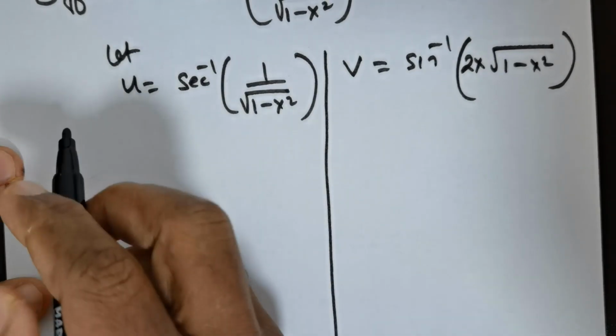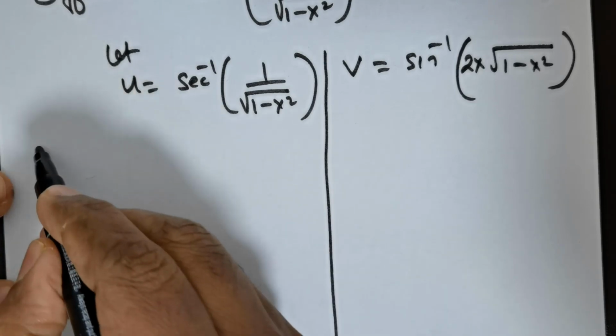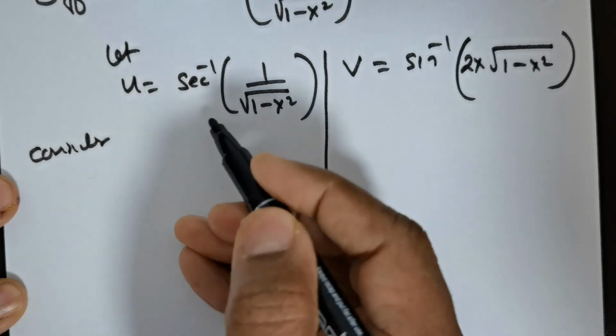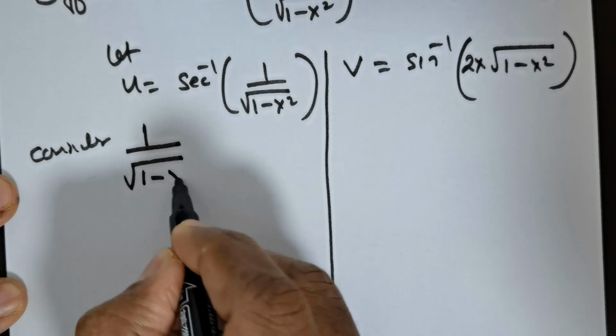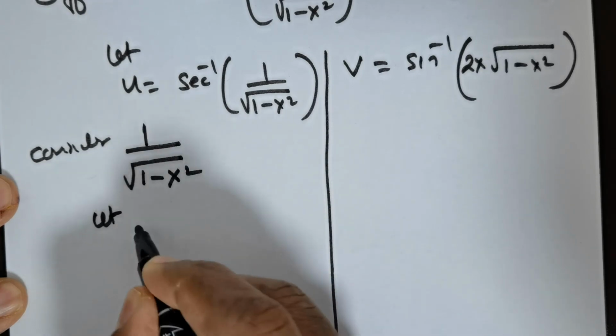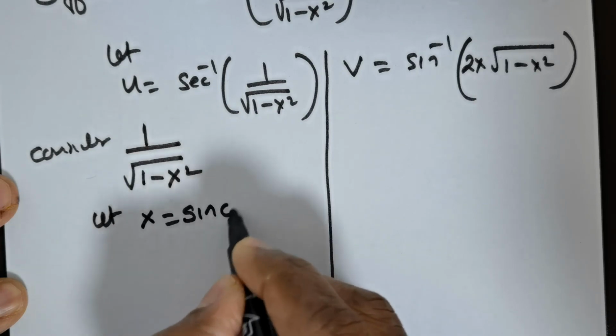Okay, now considering this quantity, from this quantity I would like to consider 1 over root of 1 negative x squared. Now I'm going to let x be equal to sine theta.